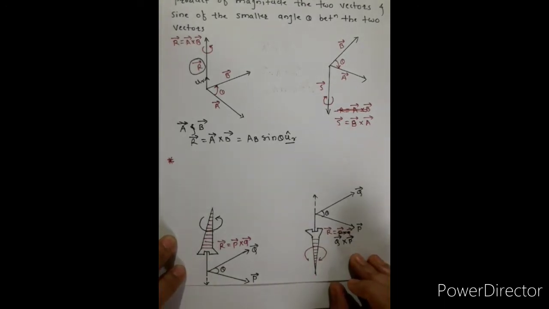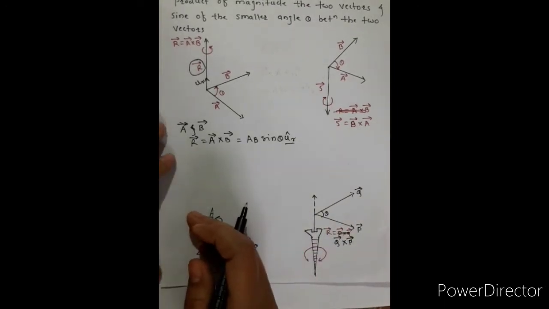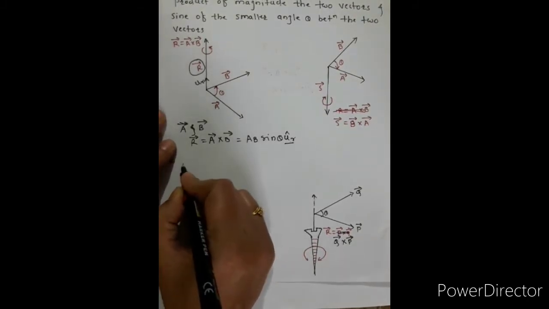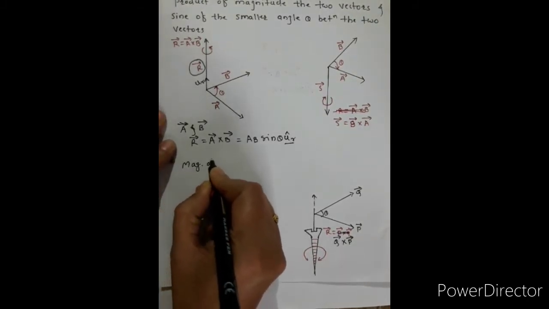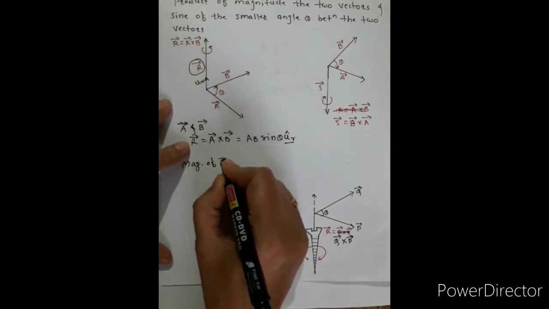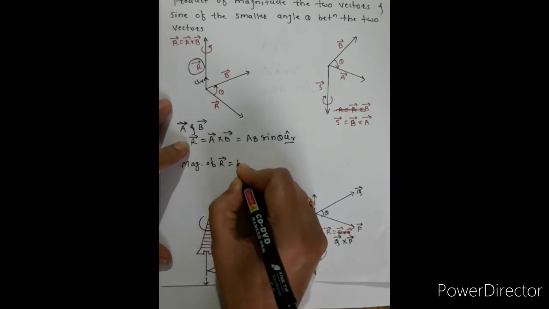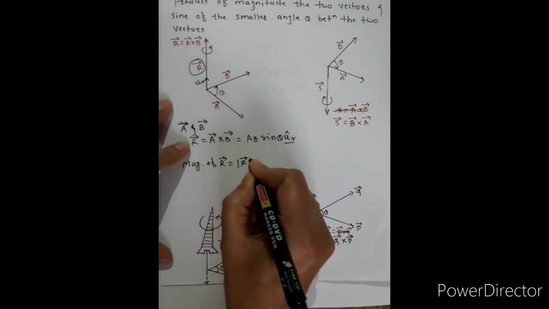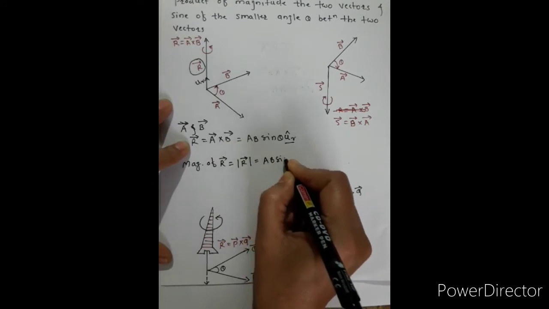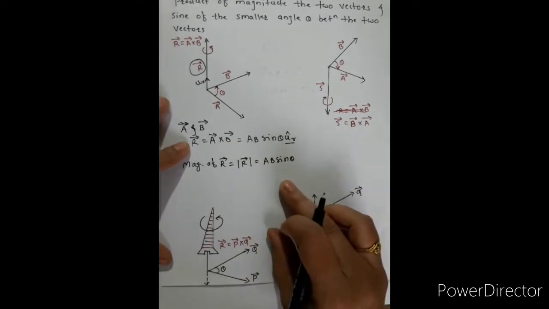So the magnitude of vector R is equal to AB sine theta.